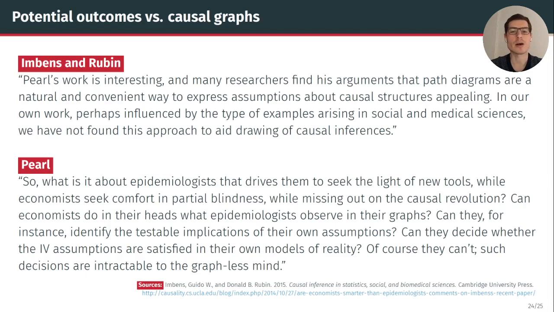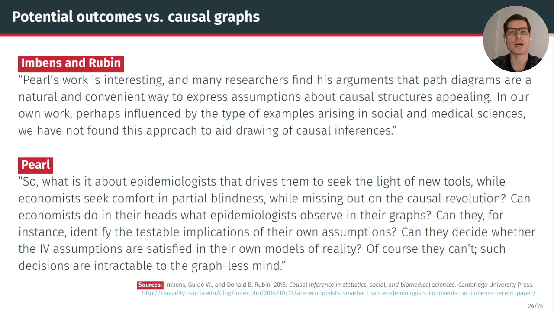So let's look at the econ camp first. Imbens and Rubin, two really key players in the econ camp with regards to propounding the potential outcomes framework, comment on Pearl's work as being interesting.